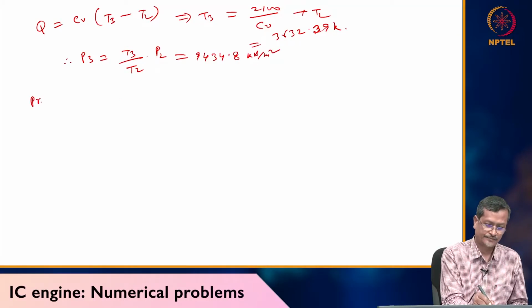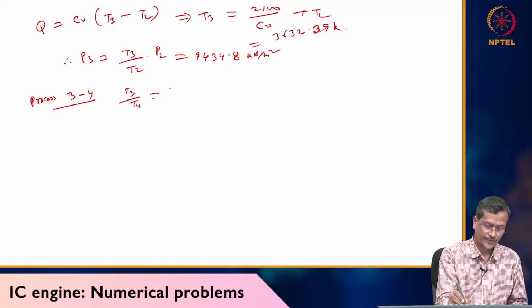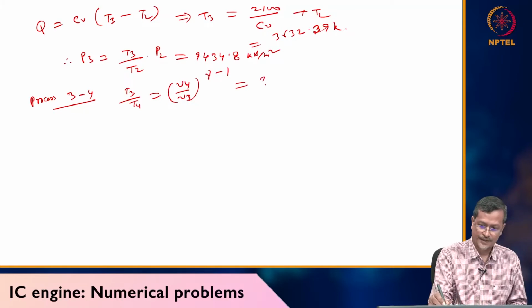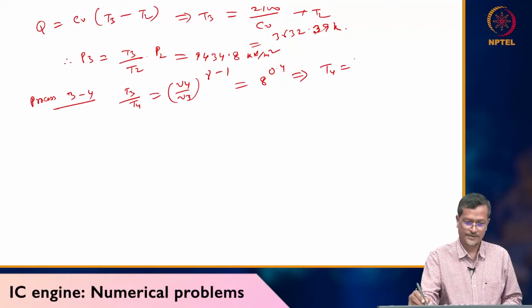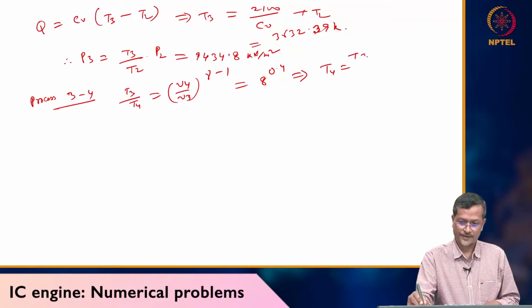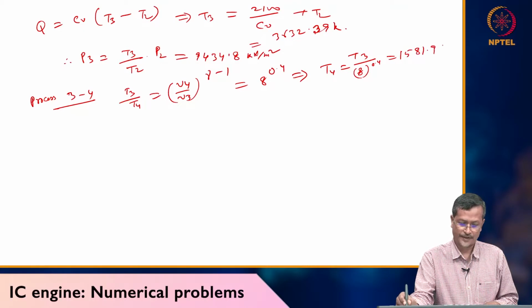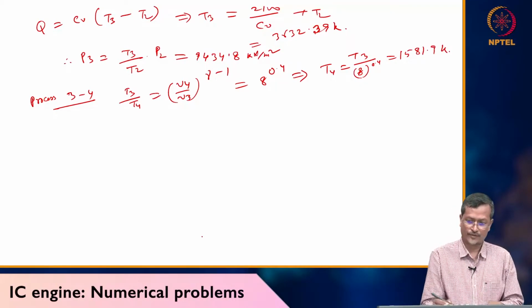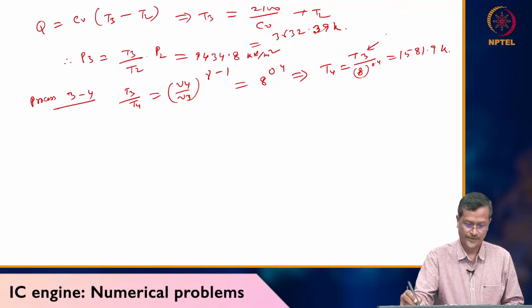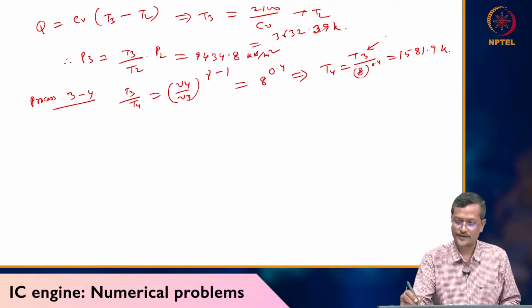Now process 3 to 4. T3 by T4 equals V4 by V3 to the power gamma minus 1, equals 8 to the power 0.4, which implies T4 equals T3 divided by 8 to the power 0.4, equals 1581.9 K, because the T3 value is already calculated here.